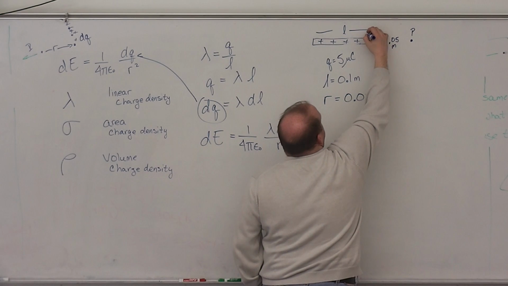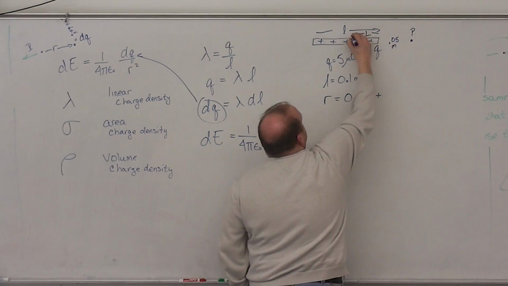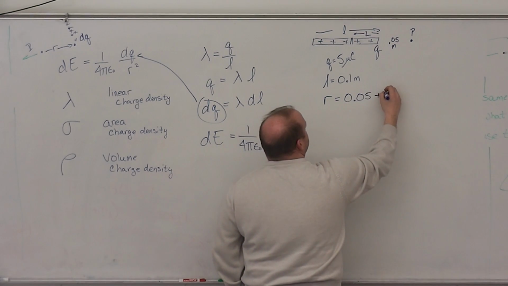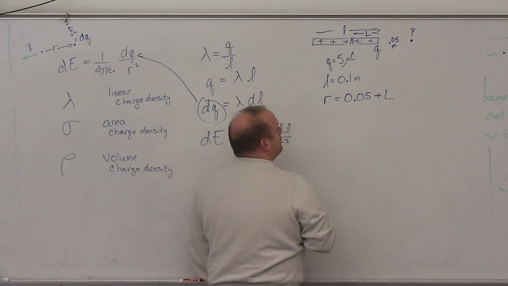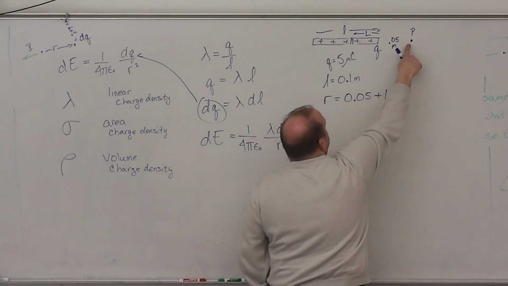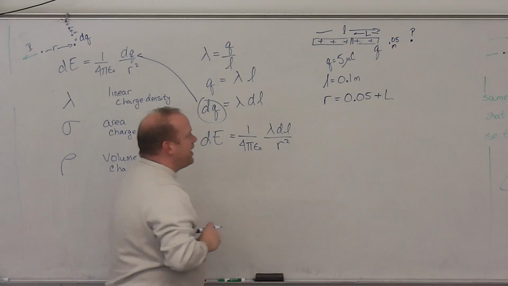Okay, it's usually the other way around. I'm going to say we're going to integrate like this. Just say that we're right here, to that point. So 0.05 plus L. So that distance that you're away from here is going to be that 0.05 plus L.